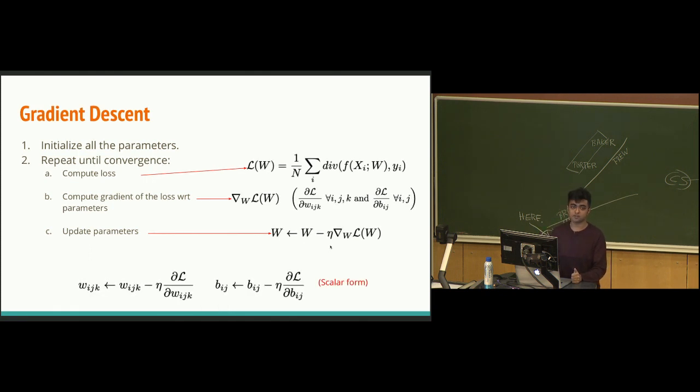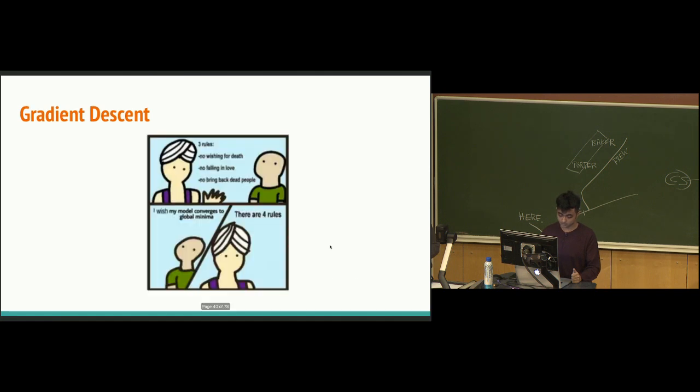So for every weight and bias in the neural network, you want to take a small step opposite the direction of the gradient. And one important thing is that gradient descent does not guarantee that you reach a global minimum. It only guarantees that you reach a local minimum.